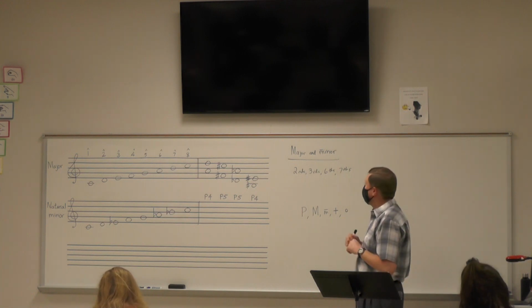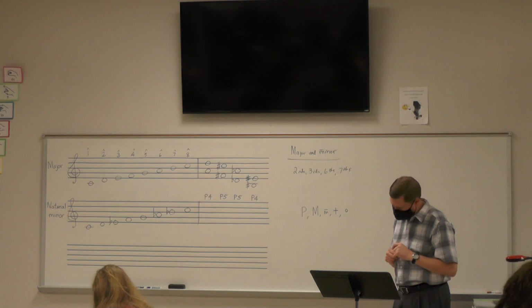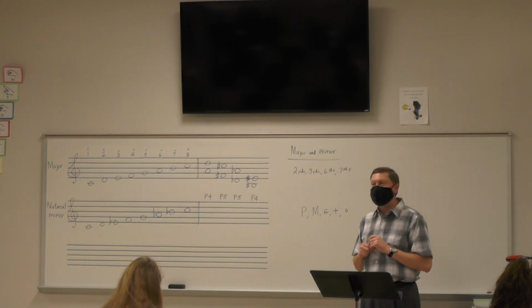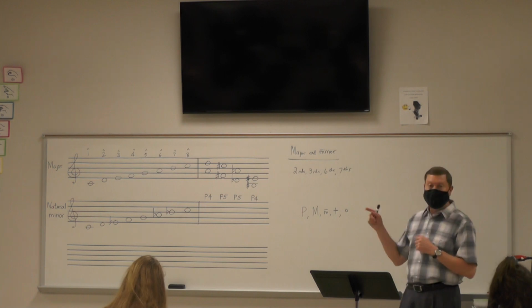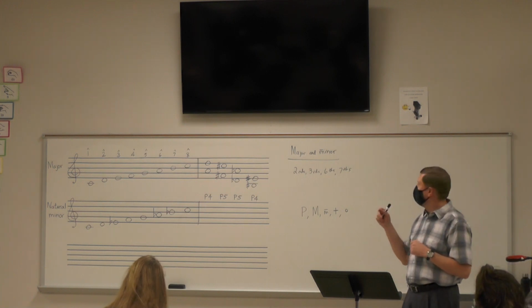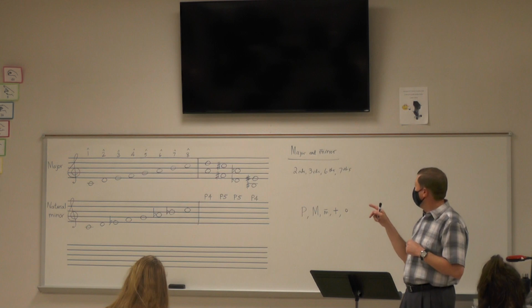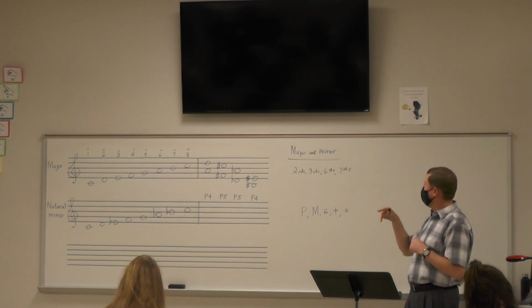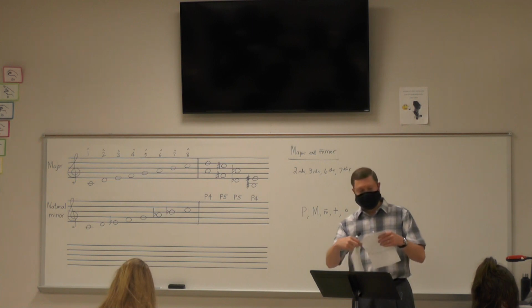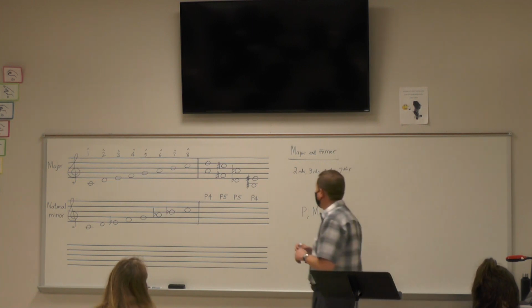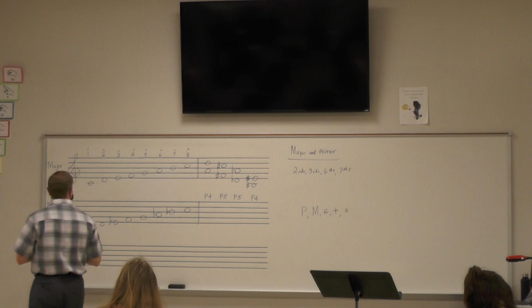Well, major seconds, thirds, sixths, and sevenths all occur in the major scale, where they are found between scale degree 1 and scale degree 2, scale degree 1 and 3, scale degree 1 and 6, and then of course scale degree 1 and 7, respectively. So let me see if I can just diagram that or show you that.